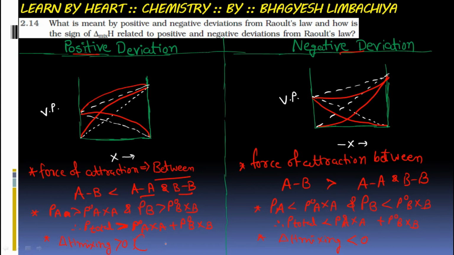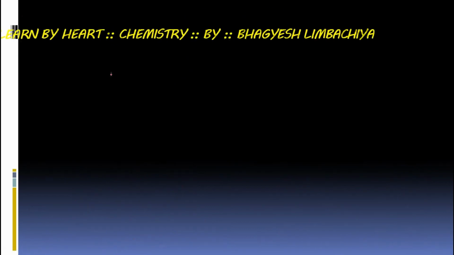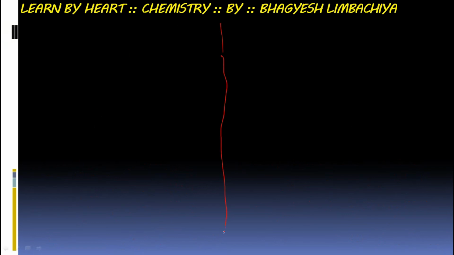Means here the reaction is endothermic and here the reaction is exothermic. Similarly, in positive deviation, delta V mixing, the volume change, is greater than 0 and here delta V mixing is less than 0.